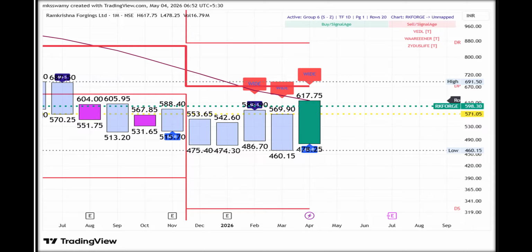A widest range bar on a monthly has formed. Just mark the high and low of the candle; the high was 617, now it has closed around 598. Wait for a proper signal and you can consider it for a swing trade or positional trade in this stock.